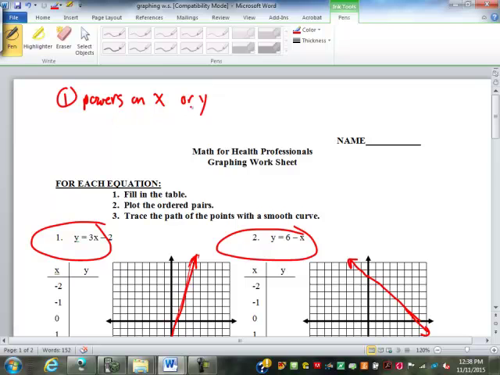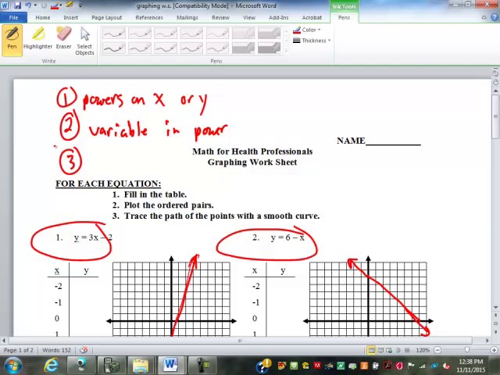So not only can we not have powers on the variables, we can't have the variable in the power as well. 2 to the x, or 3 to the power of x. Then the third thing we can't have. Yes, go ahead, Mike. You can graph those, but they won't be lines.